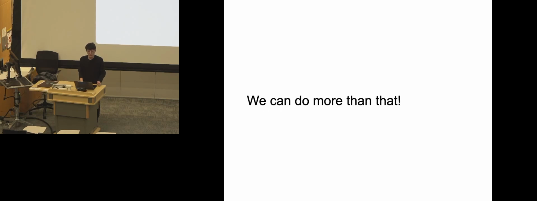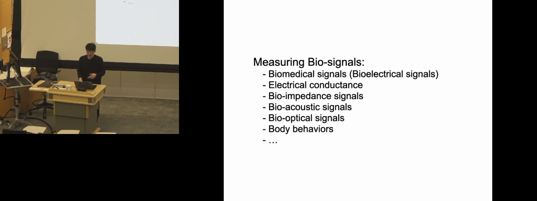But we actually can do more than that. Apart from the existing signals that are currently on you, which we can call passive measurements because they're there and you just put your device or electrodes on them to amplify and capture the signal, we can also do something more active or sometimes even quantitative.